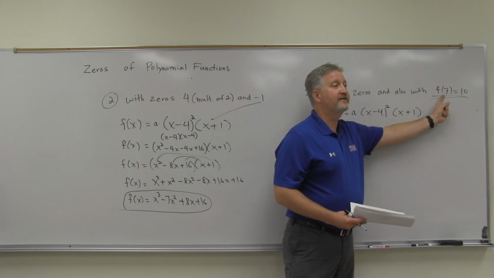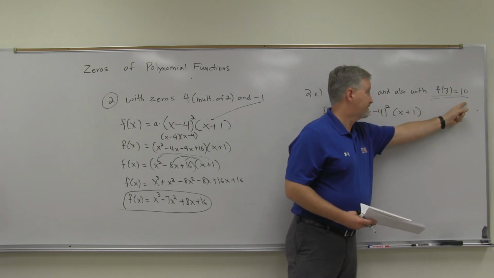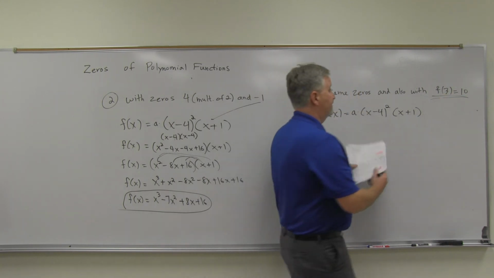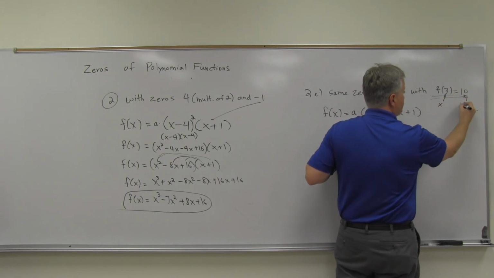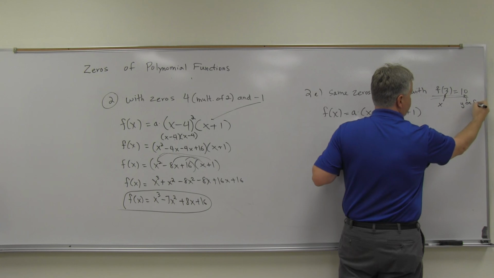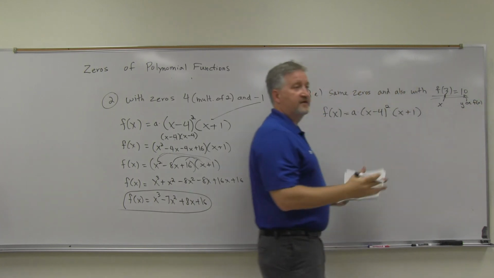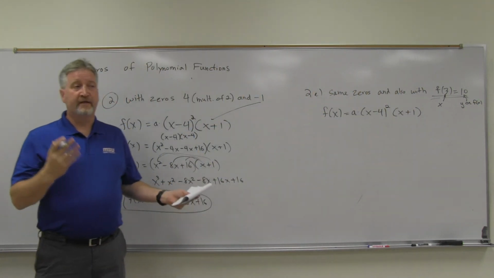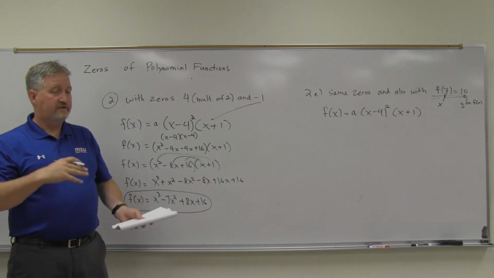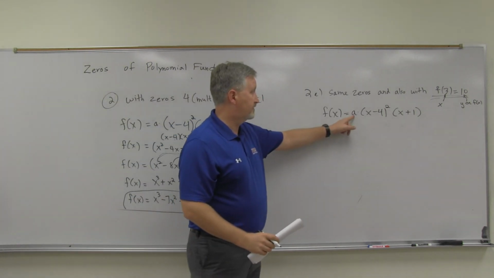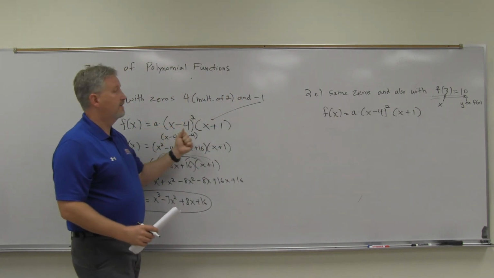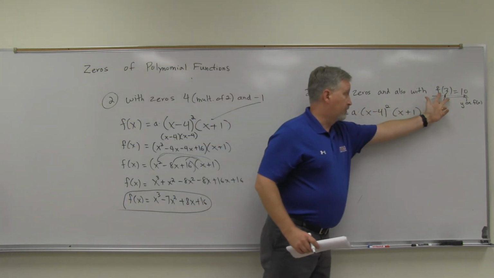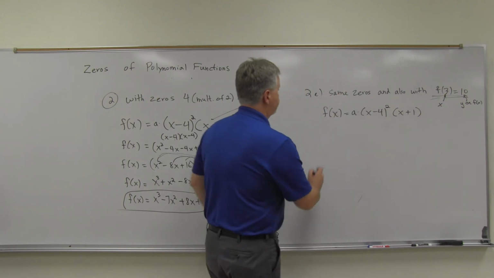That gives me an x, and the 10 is the y, or f of x. So this is the input, that's the x, that's the y, but in this particular case we're calling it f of x, right? y is f of x. So I just plug in 3 for x, 10 for y, and add this little a right here. I didn't have to use it before because it didn't specify, but to get this point, I'm going to have to do that.